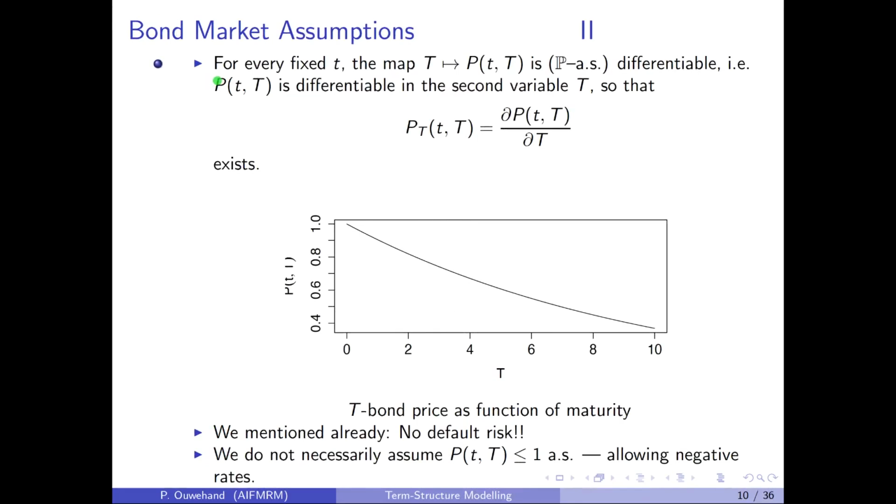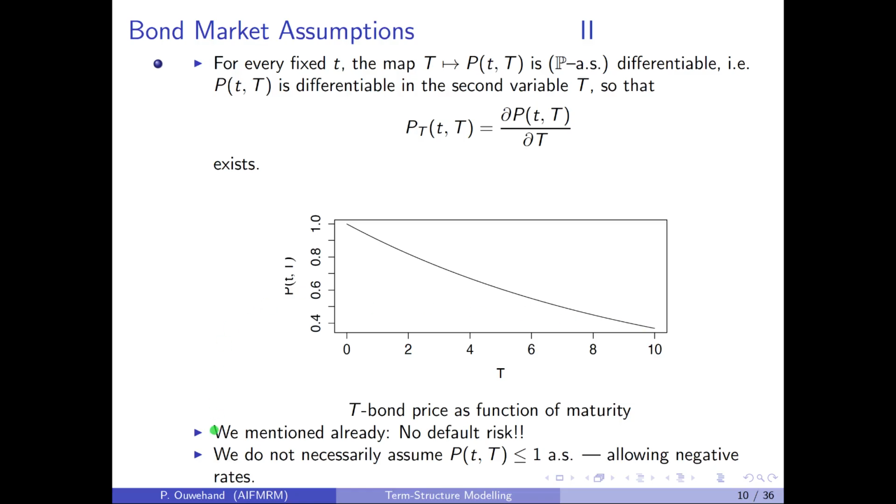Another assumption that we make is that for every fixed little t, the map capital T goes to the zero coupon bond price at time little t, P(t,T), is P almost surely differentiable. In other words, P(t,T) is differentiable in the second variable capital T, so that this partial derivative here exists. In other words, the T-bond price is smooth as a function of the maturity capital T, although as we saw on the previous slide, it's typically of infinite variation and therefore non-differentiable in the variable little t.